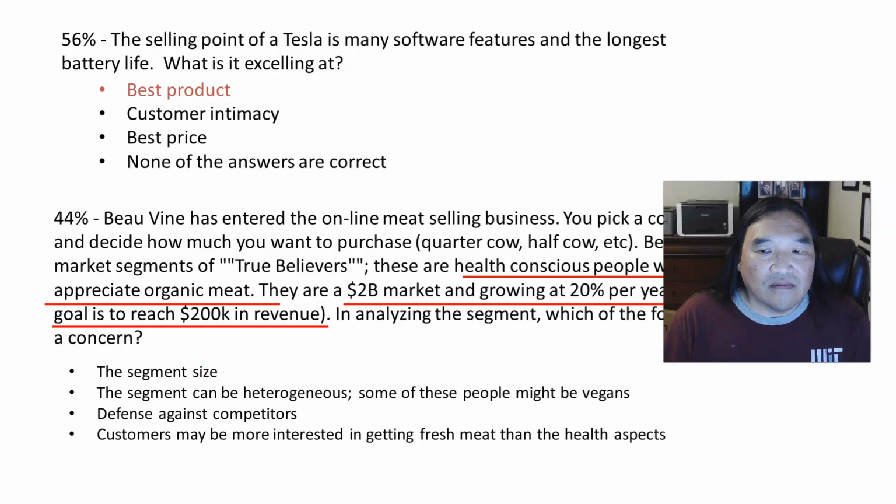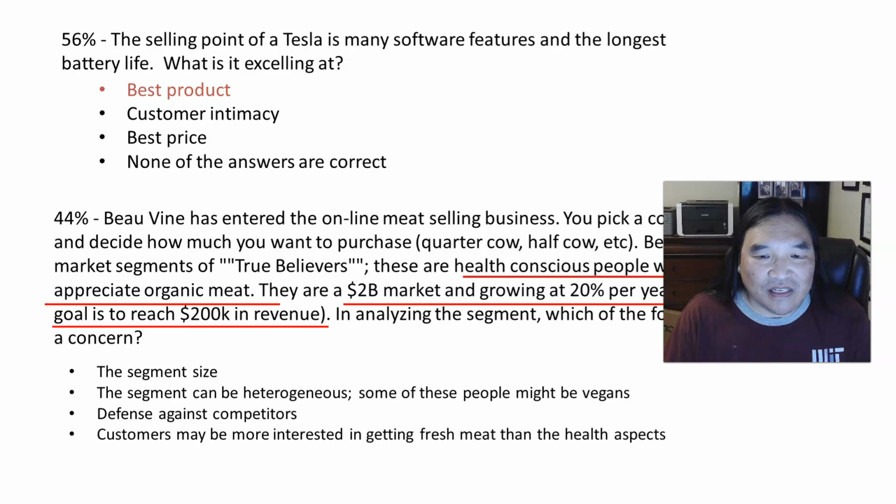But what it comes down to, you have to be careful when you read questions too, is "not a concern." And so the segment can be heterogeneous. Some of these people might be vegans. Yeah, but it's very small, because the question tells you health-conscious people who appreciate organic meat. Defense against competitors doesn't say anything about competitors.